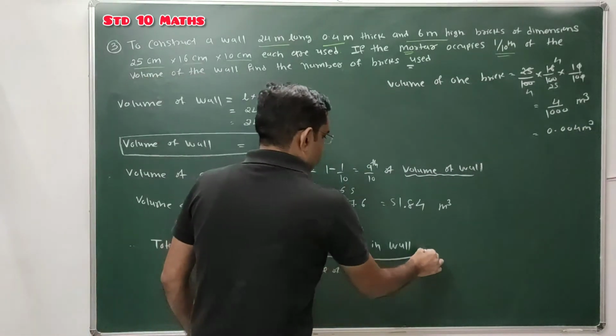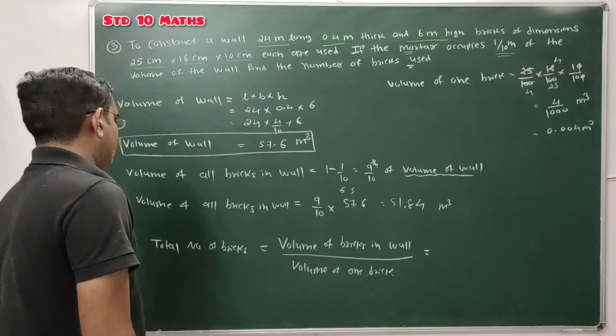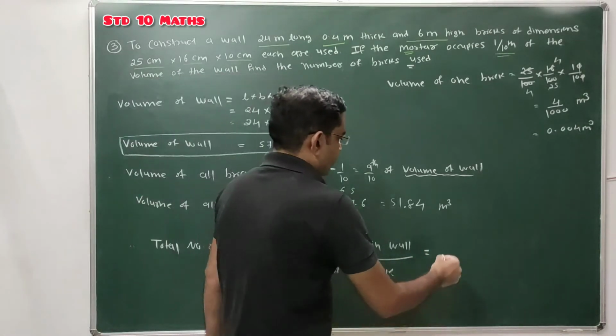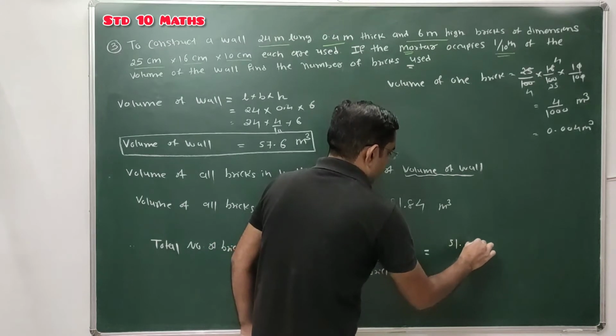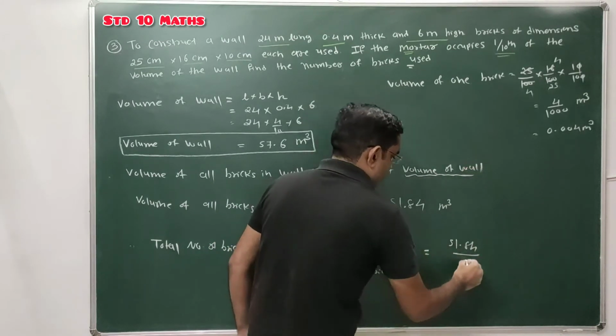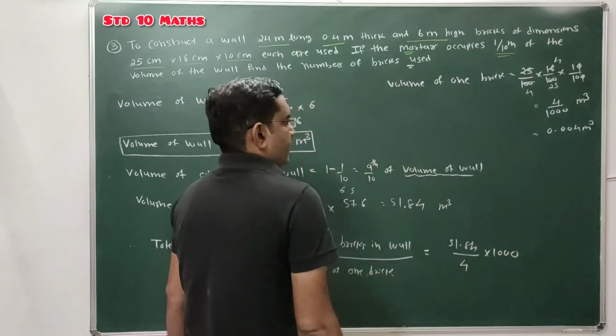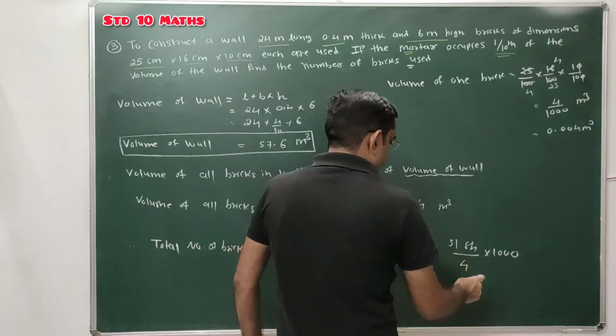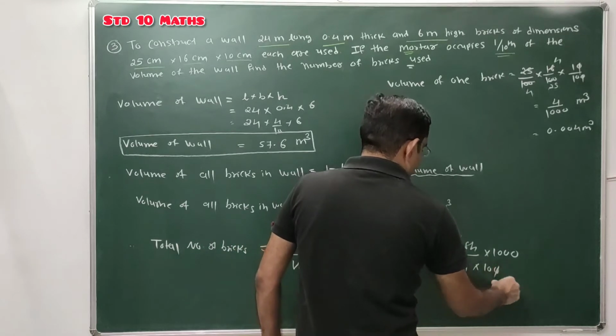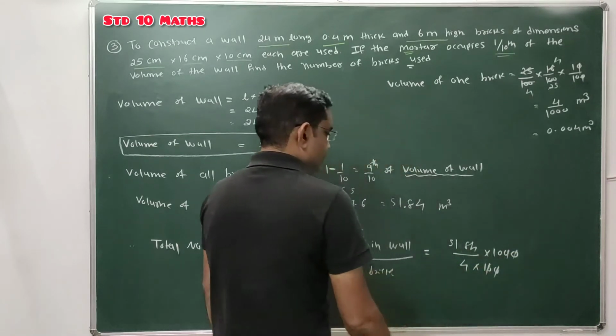So the number of bricks in the wall is equal to the volume of bricks in the wall divided by the volume of one brick: 51.84 divided by 4 upon 1000. 1000 will go into the numerator, and removing the decimal point gives 100 in the denominator, so 2 points will be cut.